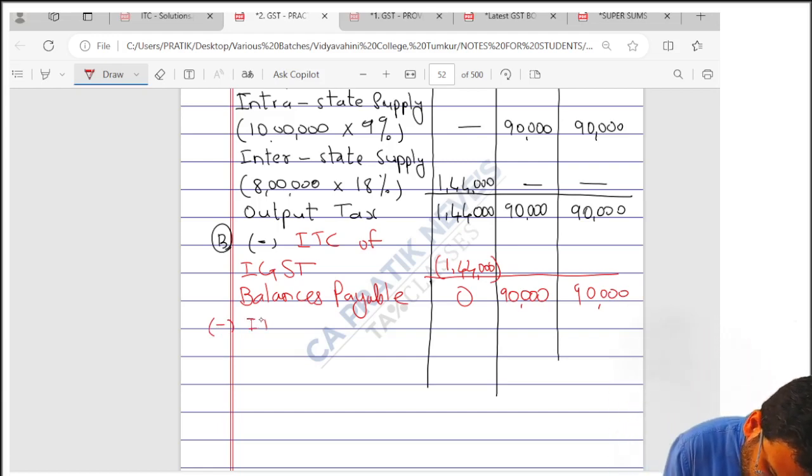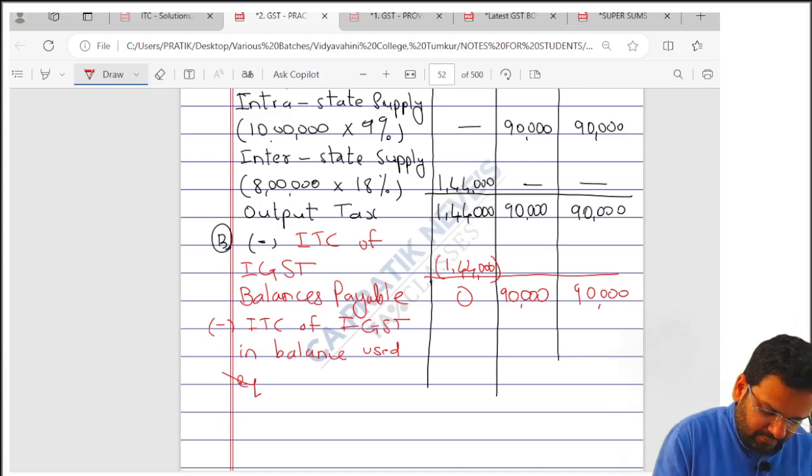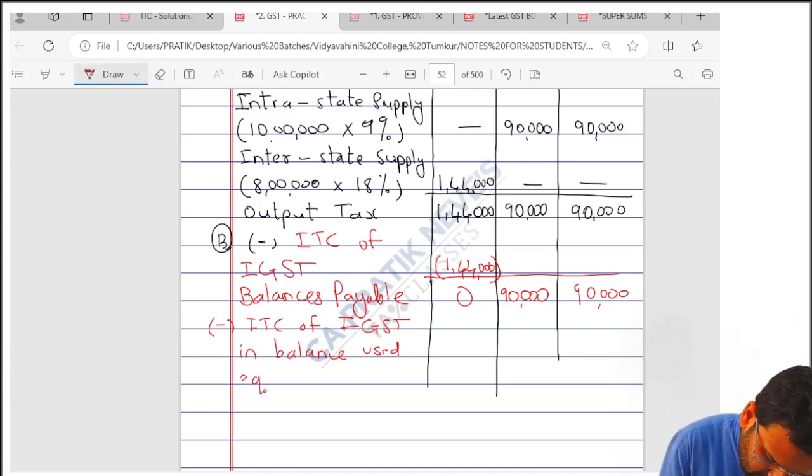So less ITC of IGST in balance used, I want to use equally. Anyone can use in any proportion. If you have used in any other proportion, continue with that. I absolutely don't mind.